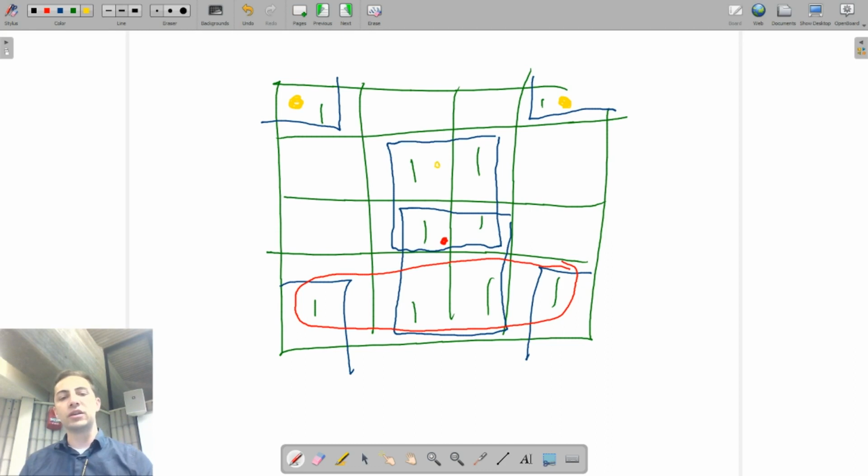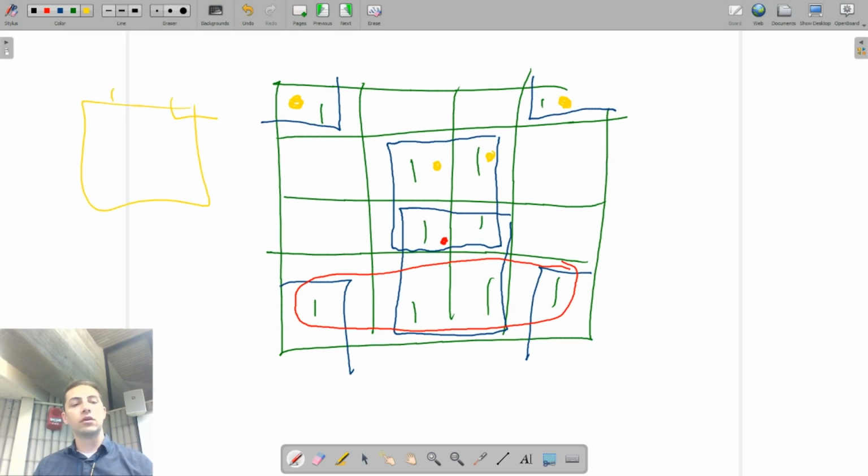Are there any other groups or any other prime implicants? Yeah, the 2 in the top middle here. Those are only covered by the implicant in the center. So both of these are essential prime.